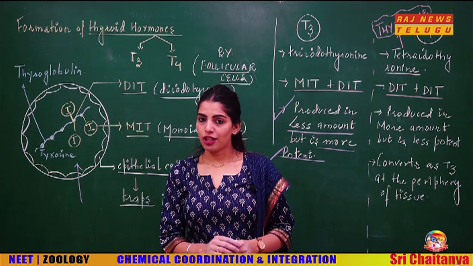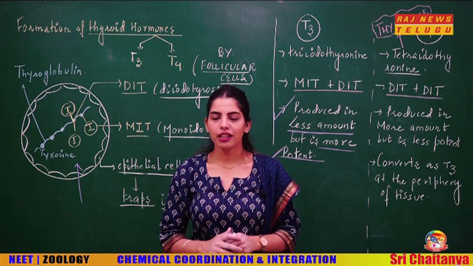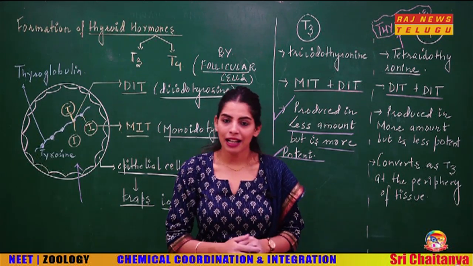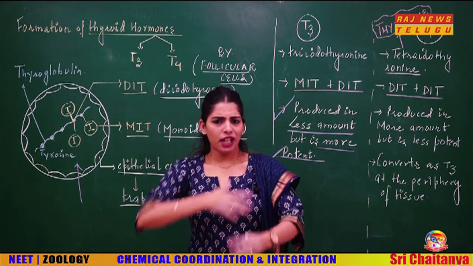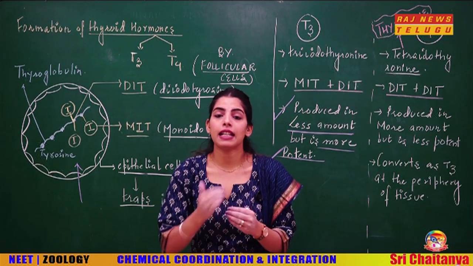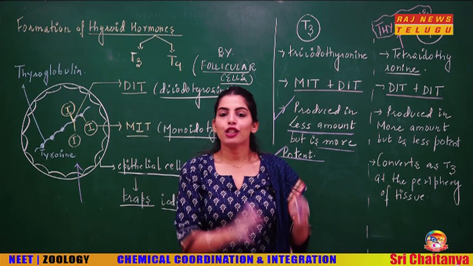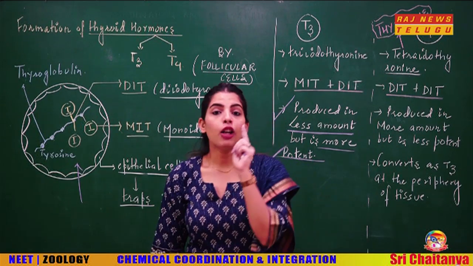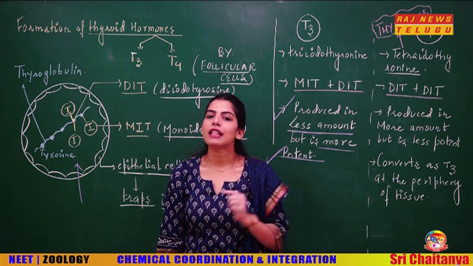One more piece of information is that T4 sometimes gets converted into T3 at the site of the tissues, like when it reaches the liver. When it reaches the tissues, it is converted into T3. So that's the comparison of the hormones of the follicular cells, T3 and T4.